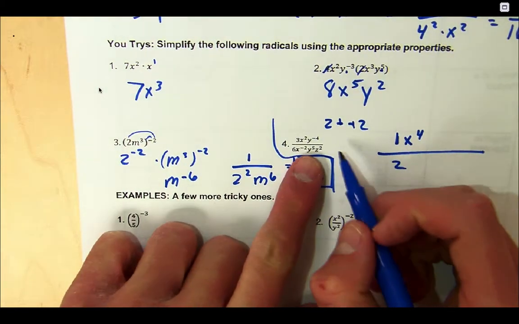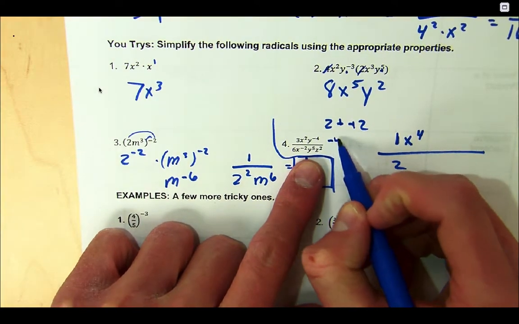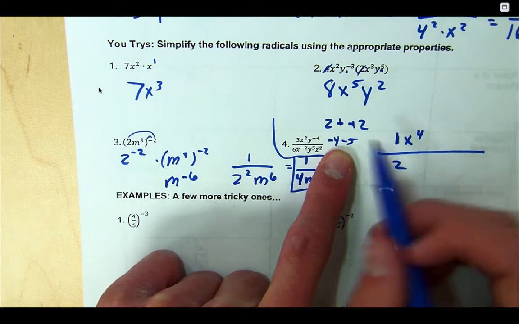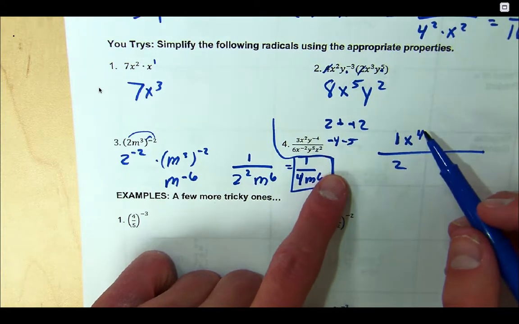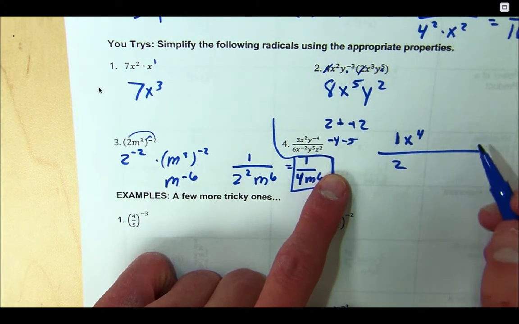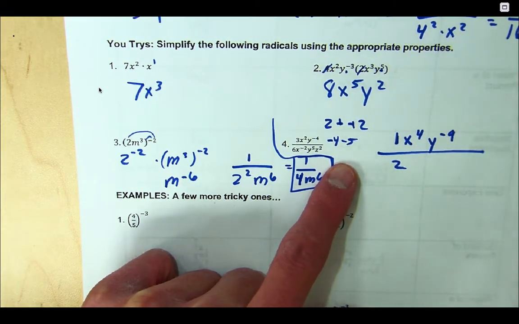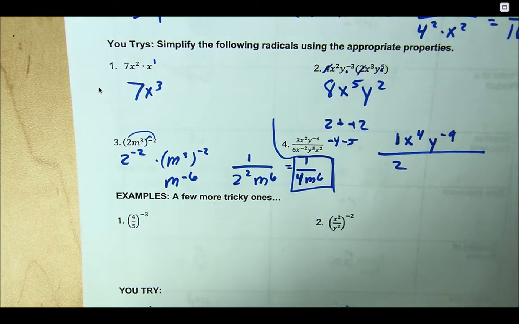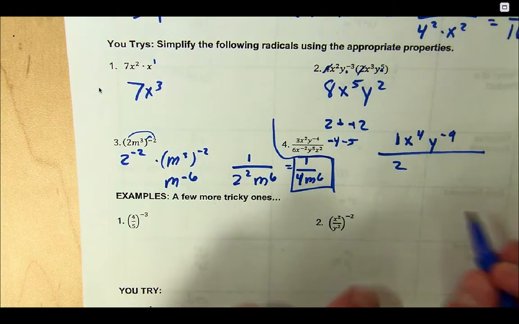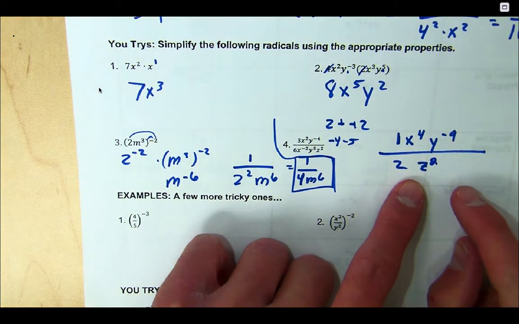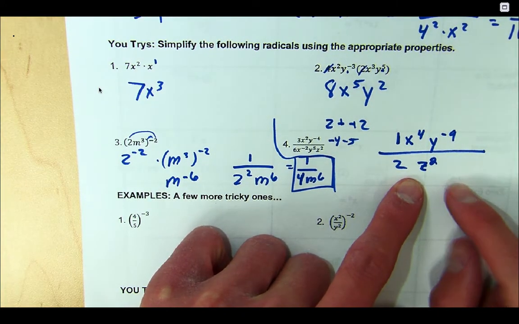If I take a look at my y's, what this would be is negative 4 minus 5. So the exponent of negative 4 minus 5, well, negative 4 lose 5 more. That's a negative 9. And then my z squared is still just hanging out down here, so I won't mess with that.